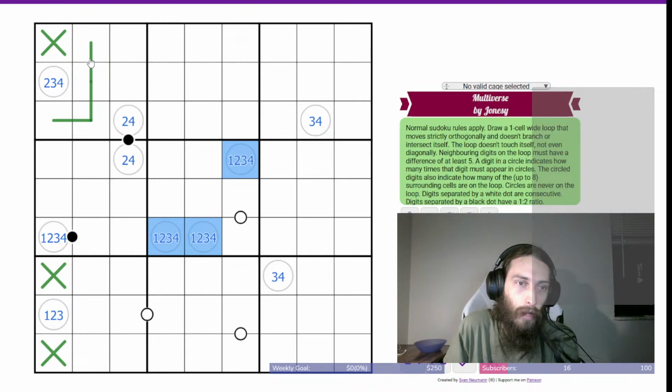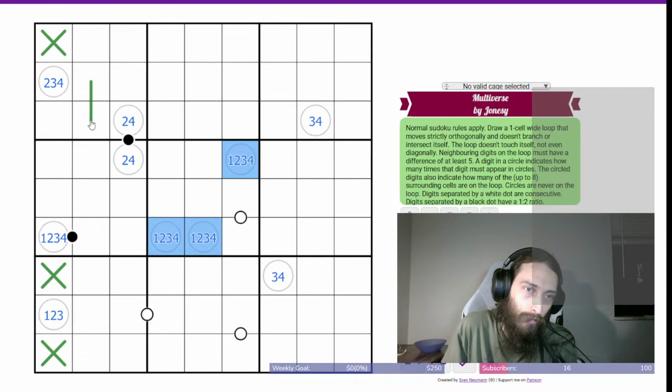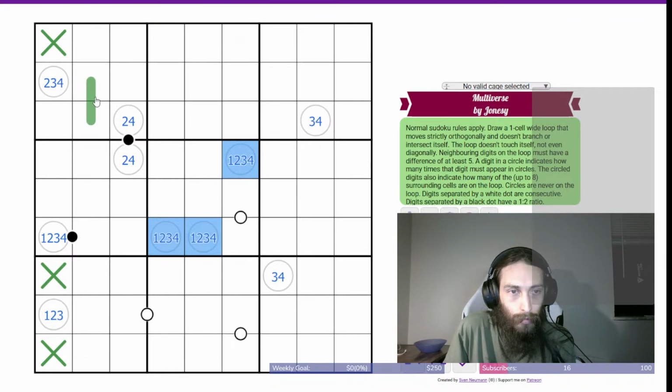Maybe this is it. I have to take up at least 2 of these, which is going to have to be at least one of these two. It's impossible for it to just take that one and that one, because that would have to connect down, that would have to connect down, or I guess to the right. So at least one of those two is on the loop.